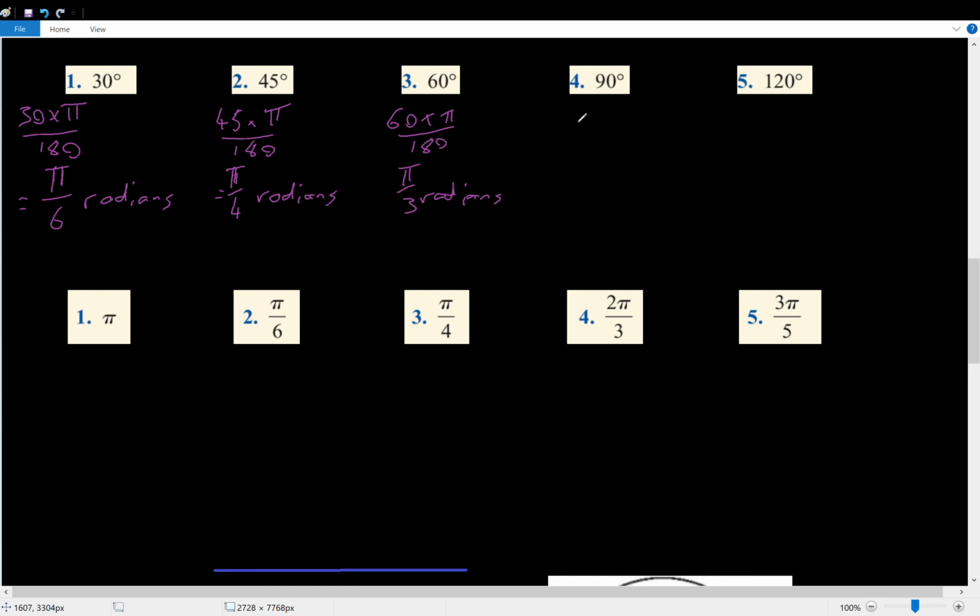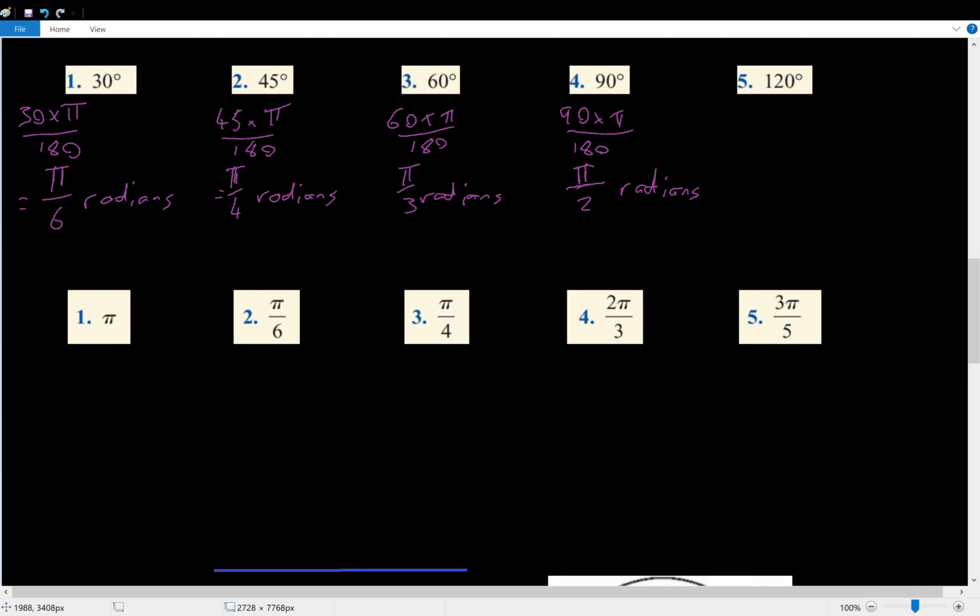And the next one, same thing again. It's going to be 90 times pi over 180. 90 over 180 is a half, so we just end up with pi over 2 radians.